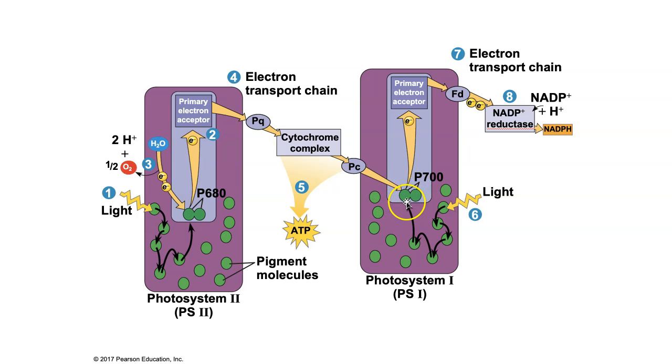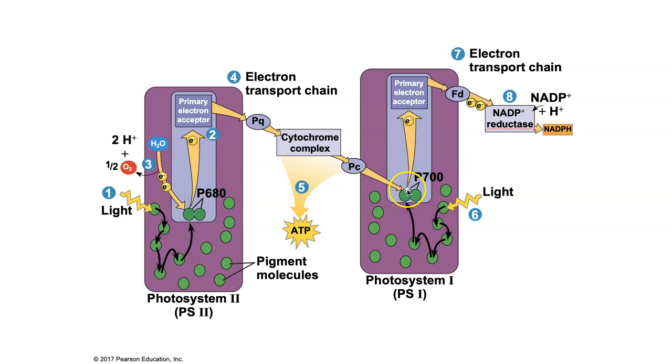Now we need to excite this again to kick that electron up. So here's the photosystem 1 absorbing light. That photon is being bounced around between pigments and it gets absorbed by P700. This excites an electron. The electron gets kicked up to the primary electron acceptor. That leaves this P700 plus because it's lost a negative electron charge.